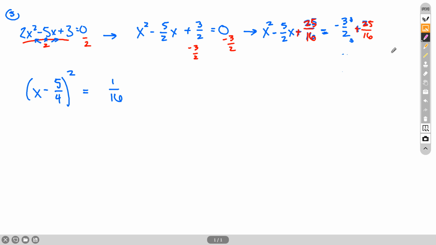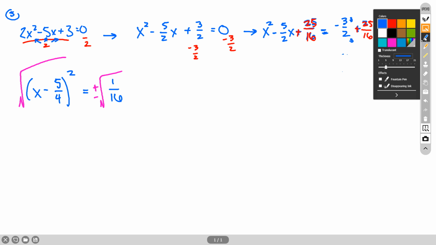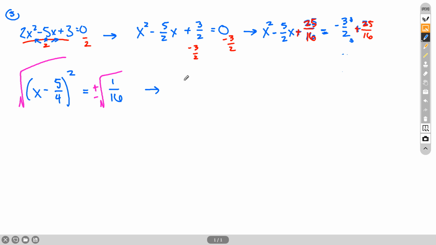Alright, so now I've got the perfect square on the left side, and I can solve this by square rooting both sides. Don't forget plus or minus. So I'm going to have x minus 5 over 4 equals plus or minus 1/4, because the square root of 1 is 1, and the square root of 16 is 4.